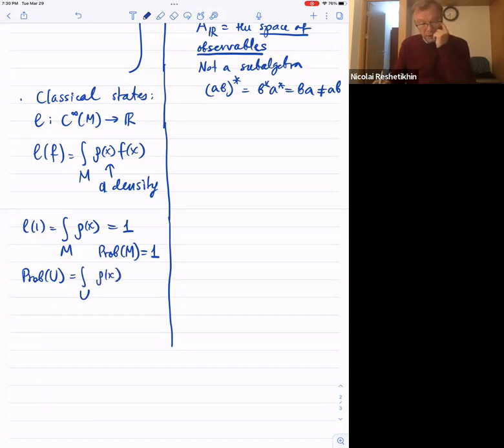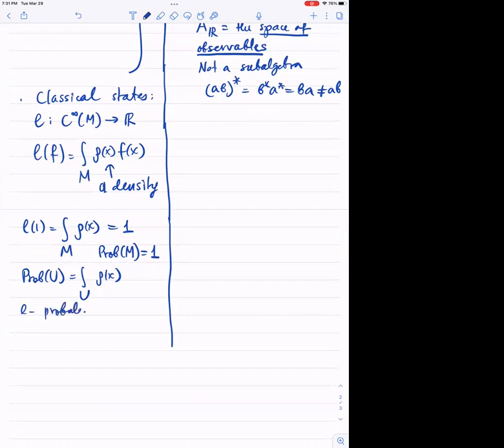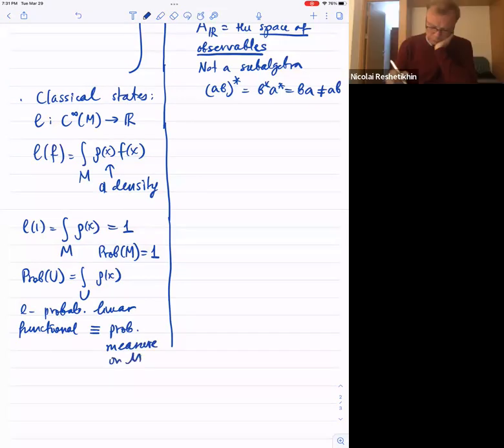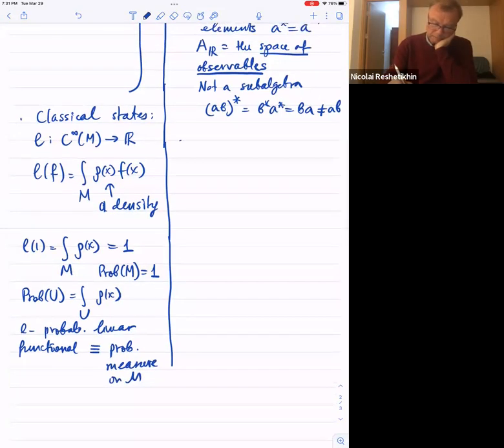So you can say that it's a probabilistic linear functional, or you can say that you have a probability measure on the phase space.